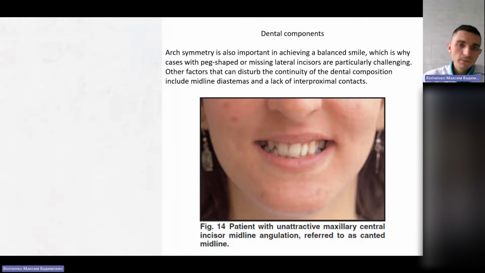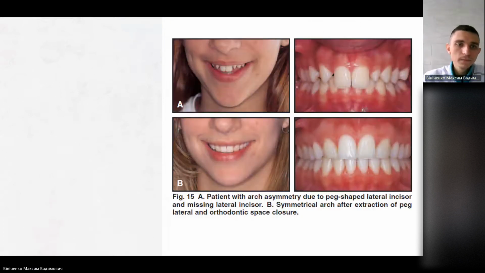Here is a patient with unattractive maxillary central incisors midline angulation, referred to as a canted midline. Here is a patient with arch asymmetry due to a peg-shaped lateral incisor during smile, and a symmetrical arch after extraction of the peg lateral and orthodontic space closure.